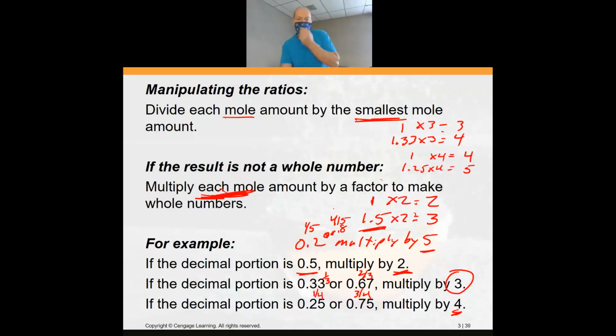Anything less than 0.2, round it to the whole number. So 0.2, you just get rid of it. You round it to the whole number.